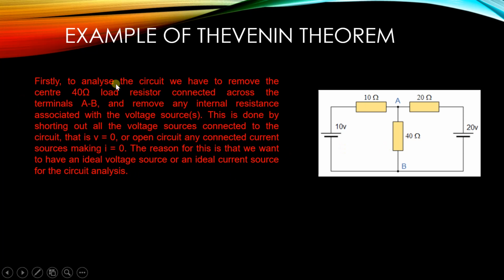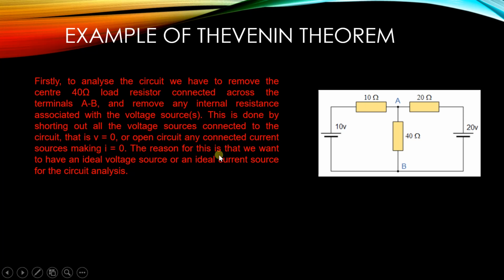Firstly, to analyze the circuit, we have to remove the center 40 ohm load resistance connected across the terminals A and B, and remove any internal resistance associated with the voltage source. This is done by shorting out all the voltage sources connected to the circuit, that is V equals 0, or open circuiting any connected current source, making I equal to 0.